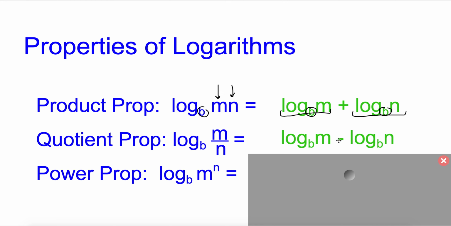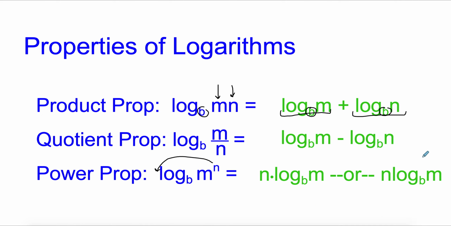All right, and then the last one is going to be like a power to a power. If I am taking this power to another power or this number to a power, then I would multiply the exponents. Okay, so this n, and you're going to see me do this a lot when I work through things, this n would bounce down in front of that log because it would multiply into that log.